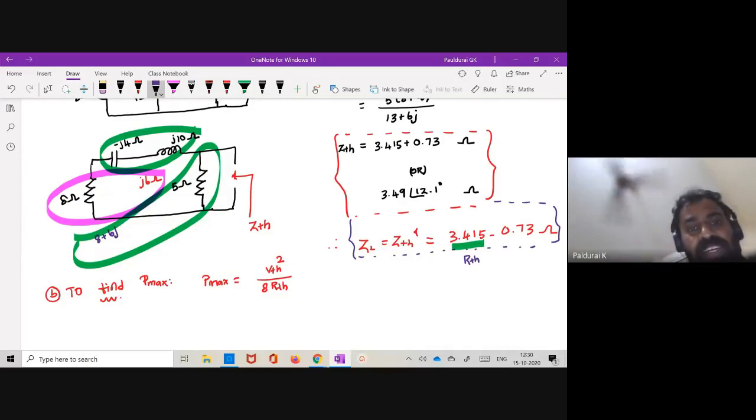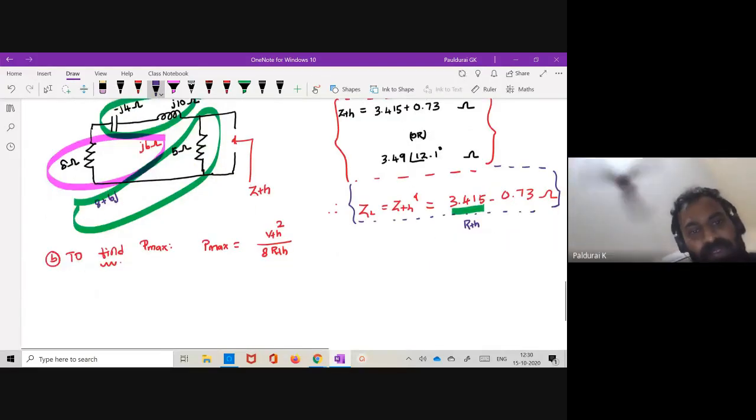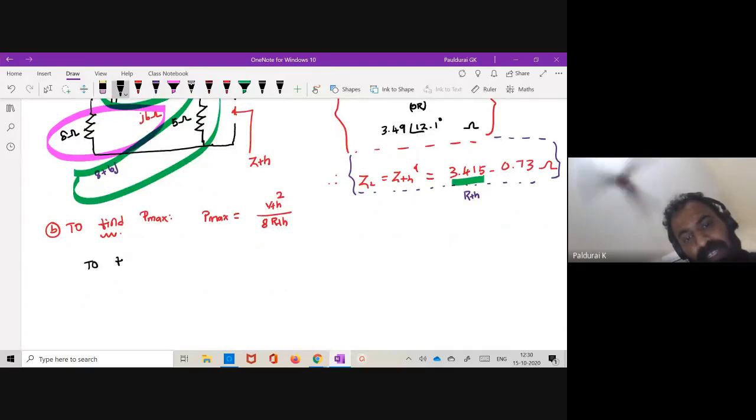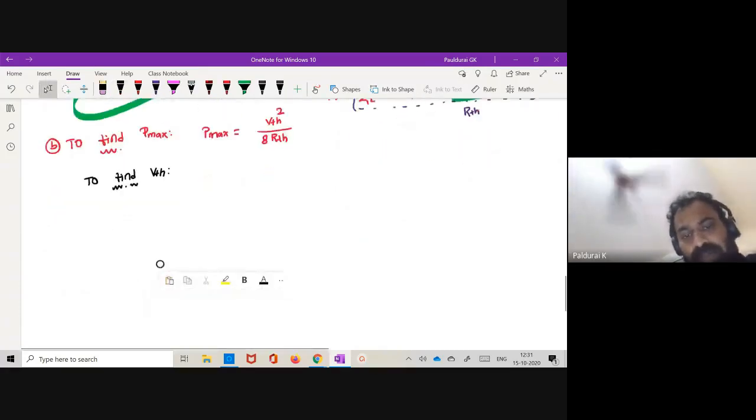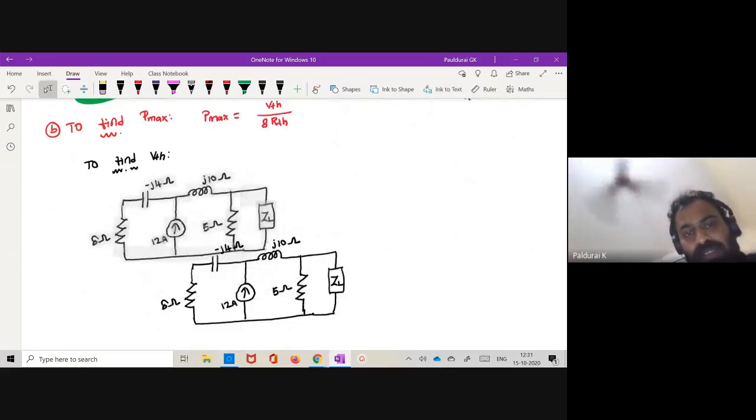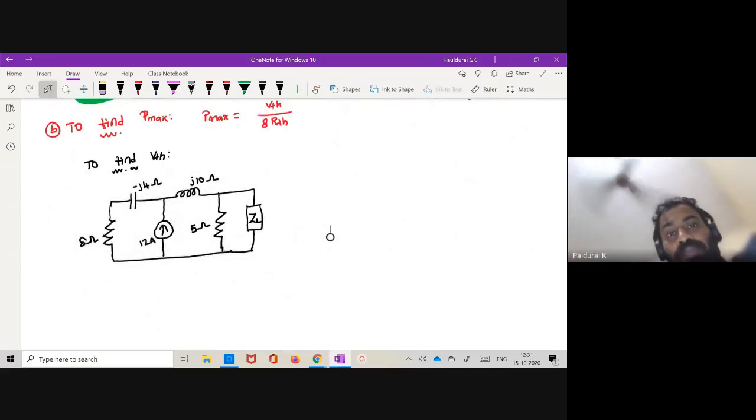How will you calculate VTH this time? Let me put the heading. This time I want to get the equation from you. Just think, how will you calculate VTH? Let me paste that circuit. Anyone? What is the procedure? You want to open the load.